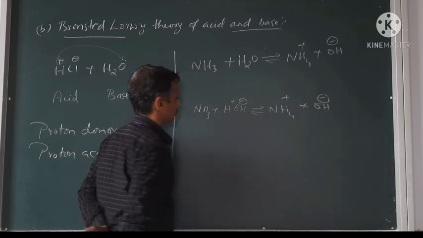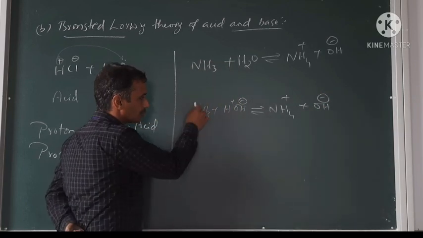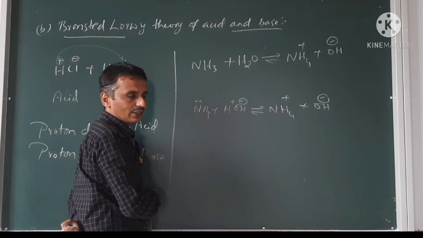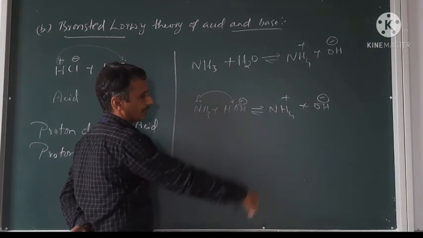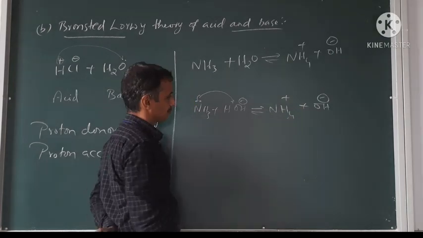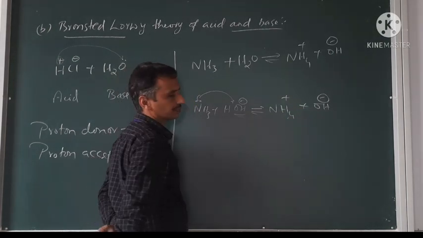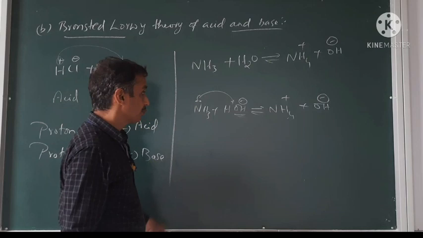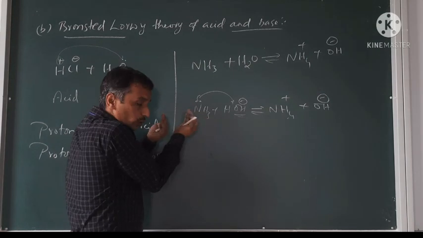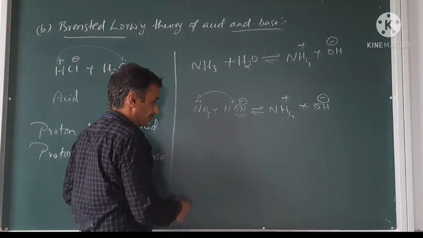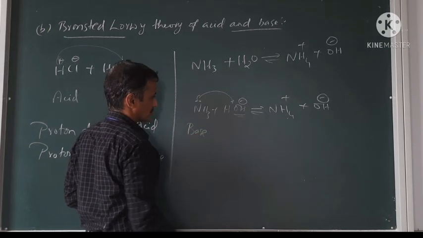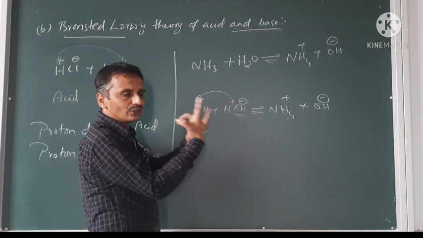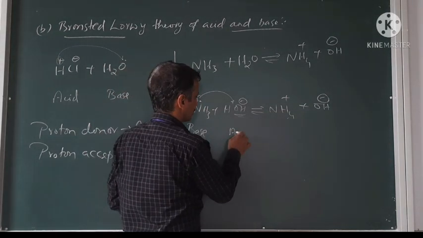What happens here? The lone pair of electrons is on the nitrogen, so it takes up this H plus, becoming NH4 plus, leaving OH minus. So ammonia is accepting the proton, the H plus ion, so it is a base. Water is donating the proton, so it is an acid.